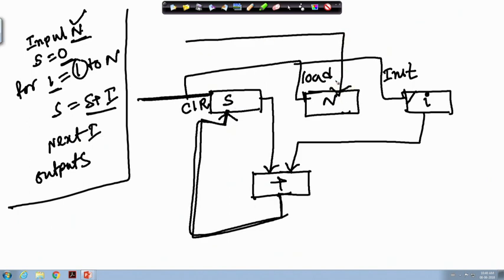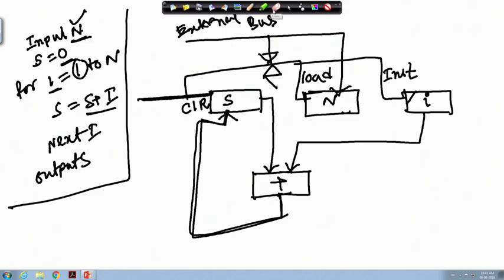This is the external bus. So, n will load from the external bus only. I can load the value of n, and whenever this job is finished, at that time I need to deliver the output to the external. So, what I require is one buffer over here.